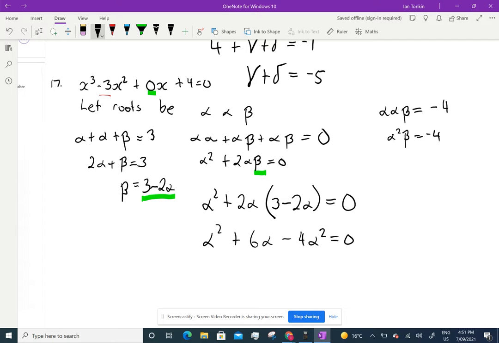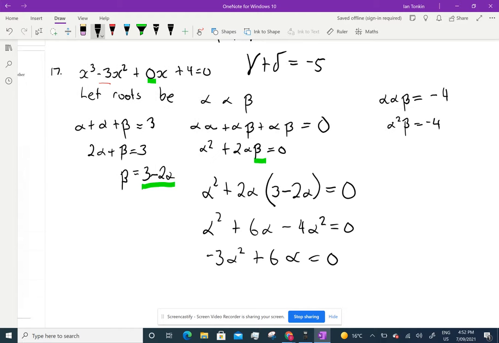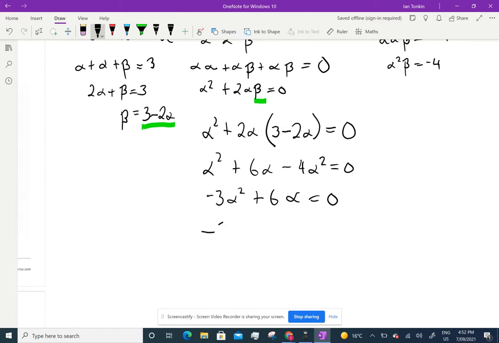Now I'm going to get a quadratic equation here. So alpha squared minus 4 alpha squared is minus 3 alpha squared, plus 6 alpha equals 0. I factorise out minus 3 alpha and I get alpha minus 2 equals 0. Therefore, alpha equals 0 or alpha equals 2.